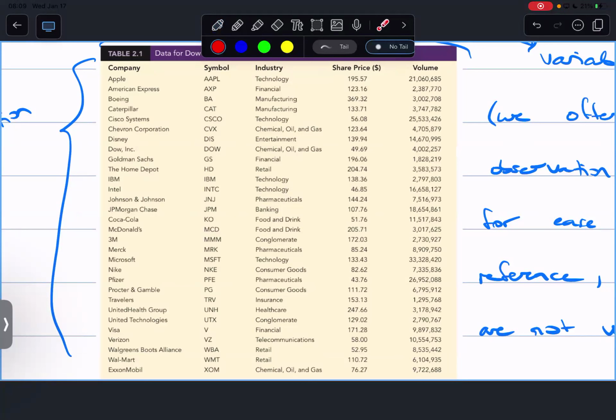Okay, good. So what we're going to be doing is analyzing these variables. Here, the company name is not that interesting because they're all unique and there's nothing really that we could say to summarize this. Same with the symbol. They're all unique.